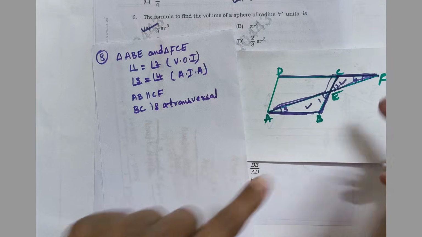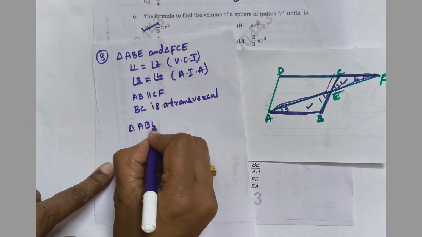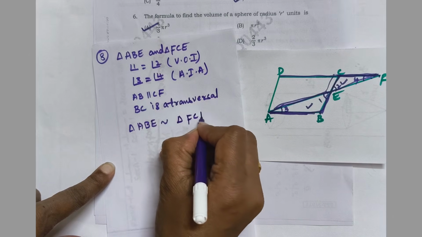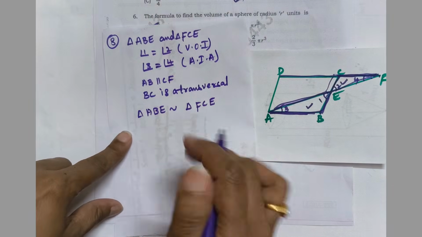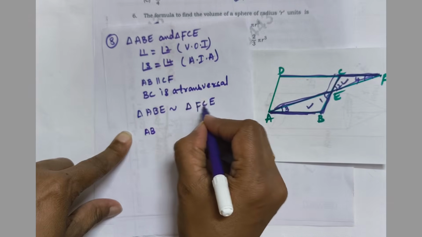So this triangle is a similar triangle. That concept you write. Triangle ABE similar to triangle FCE. They are similar means sides we can write proportional. Right here, this triangle side AB I am taking, this triangle side I am taking.